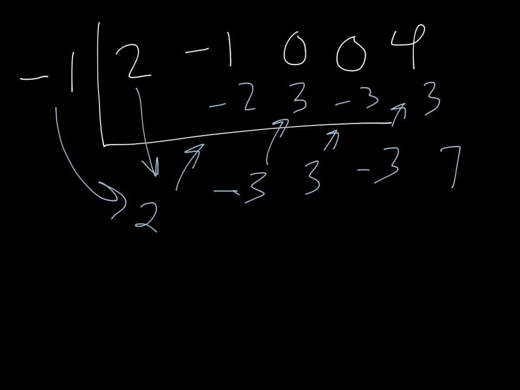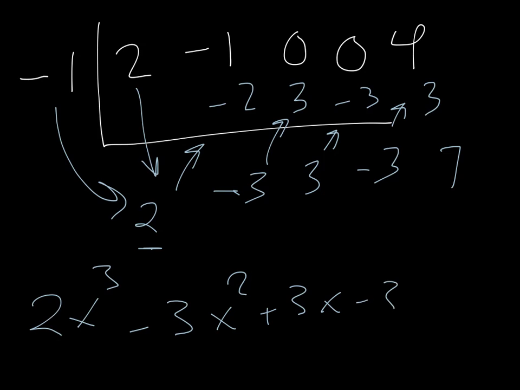So taking these coefficients, 2x cubed minus 3x squared plus 3x minus 3, and then the remainder is going to be 7 over, what are we dividing by? x plus 1. And I'm sorry, it's kind of messy. My screen isn't that wide, so I'm running out of space here. And that's it. That's all you got to do.